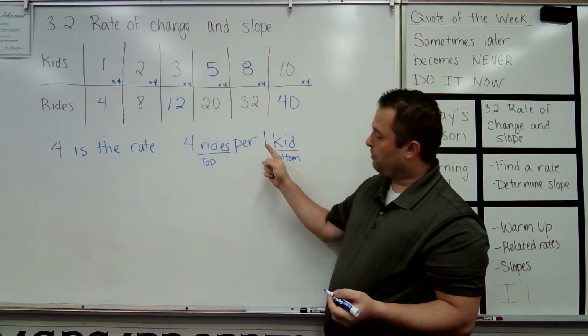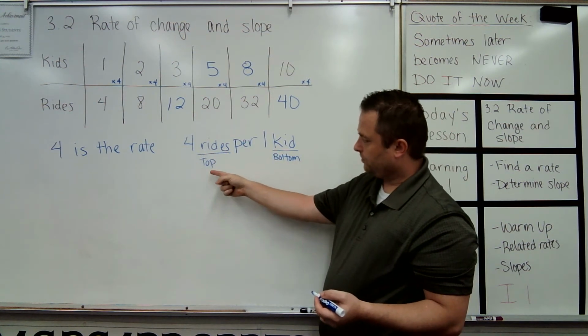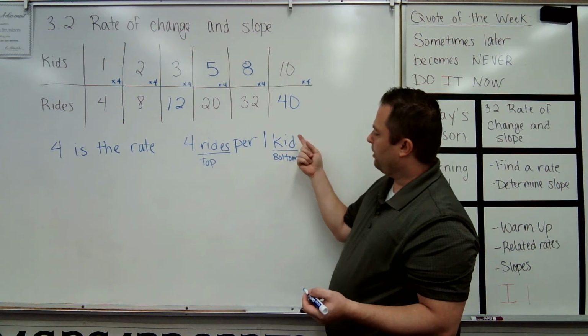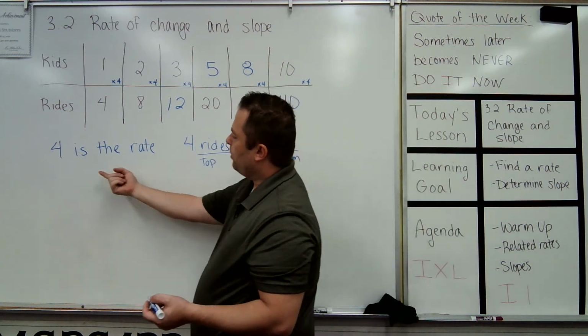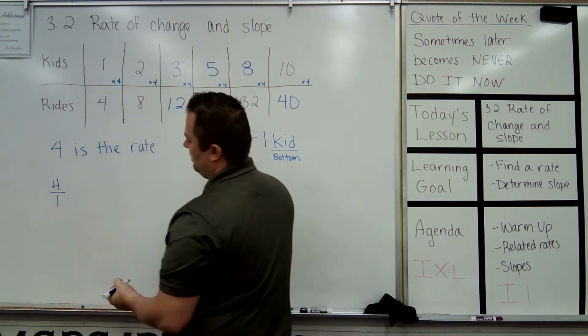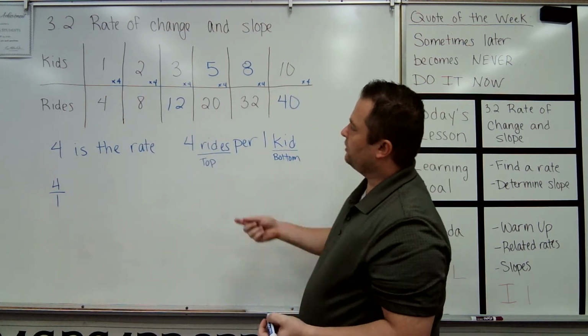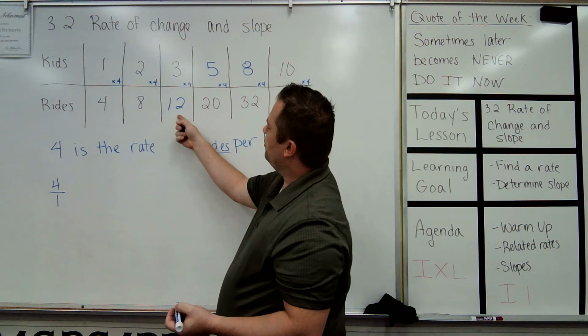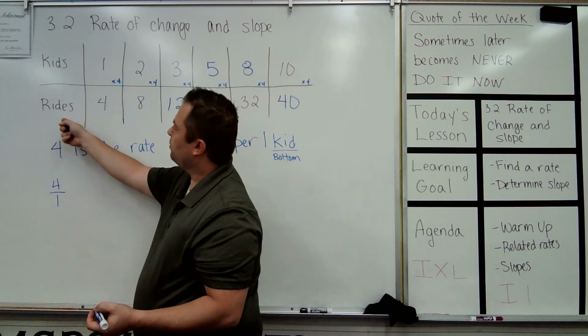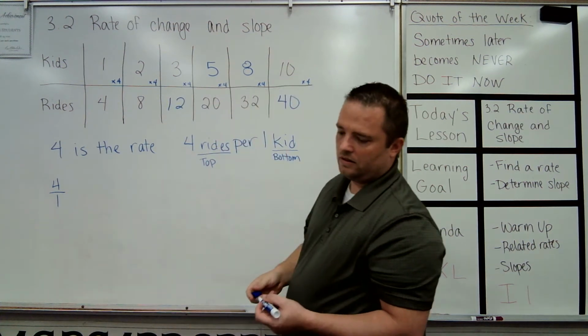In math, remember, if it comes before the per, it goes on top of our fraction. If it's behind the per, it goes on bottom. So 4 is the rate. Also, 4 over 1 is the fraction. 8 over 2, 12 over 3, 20 over 5, because it's rides over kids.